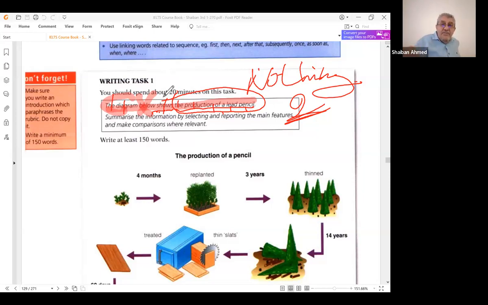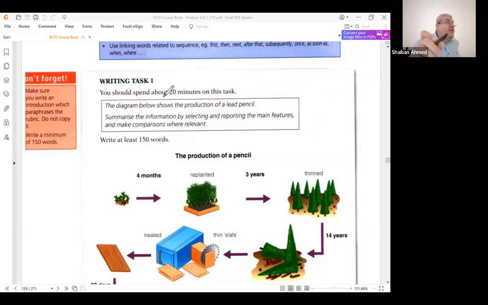And no lead, of course, but it is a common mistake. You know that, right? No lead, no lead. There is no lead here. No lead, actually. It's graphite. Okay, the graphite is part of kind of carbon. So no lead in here, nothing. But we call it lead pencil. Okay, this is your homework.